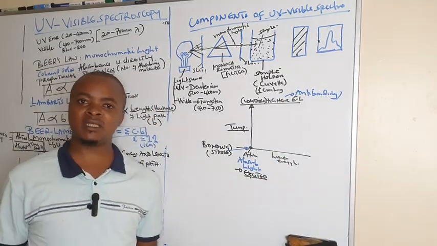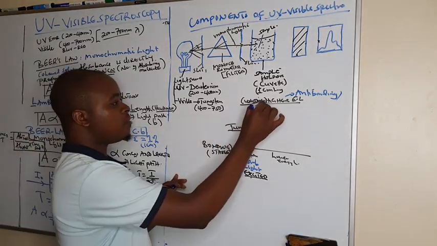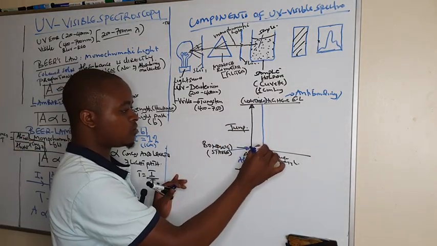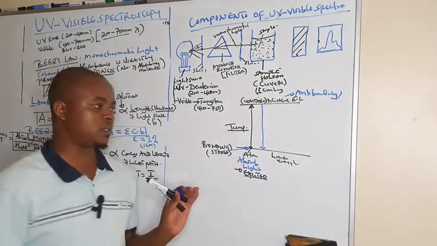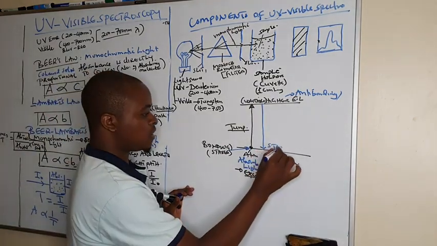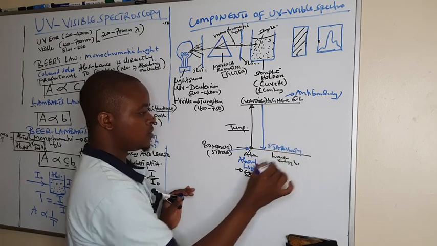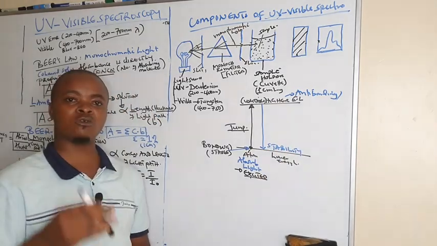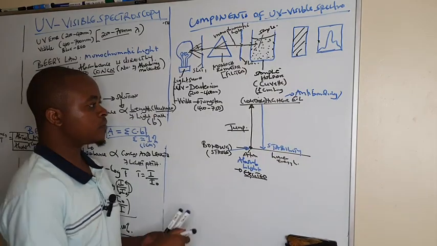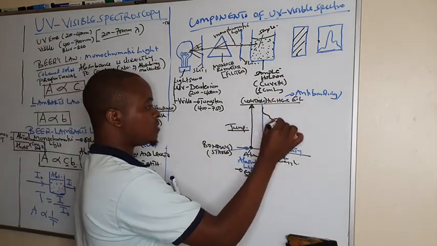And because they are anti-bonding, they must come back to the ground state or to the lower energy level to gain stability. As they are coming back to bond again to be stable, they emit photons of light.